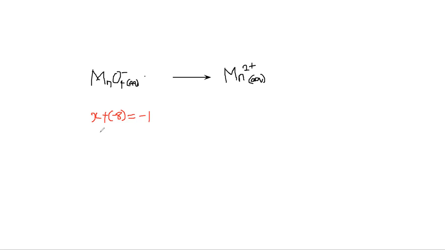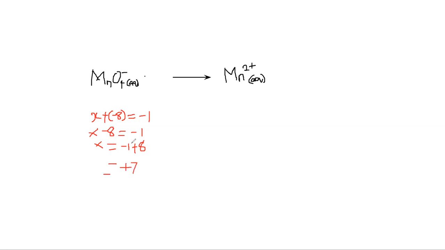So this will be X minus 8 is equal to minus 1. And of course, X is equal to minus 1, and minus 8 going to the other side becomes plus 8. So I have minus 1 plus 8, and of course, that is equal to plus 7.